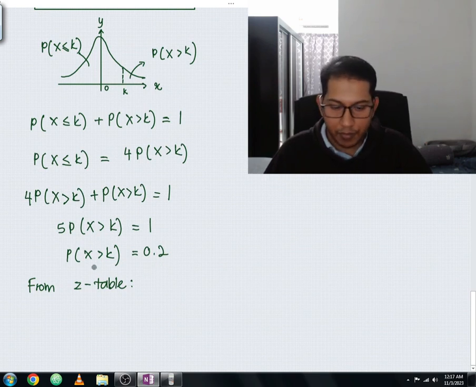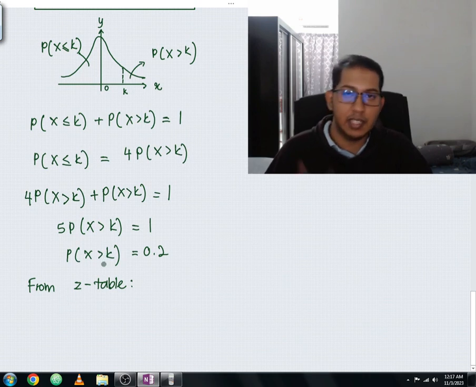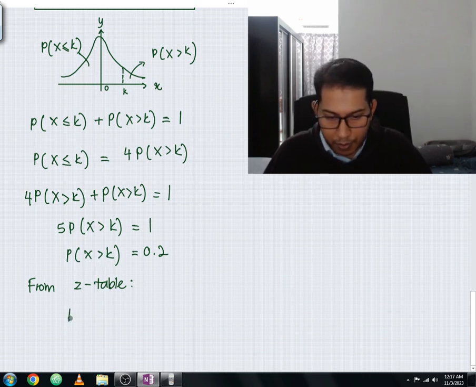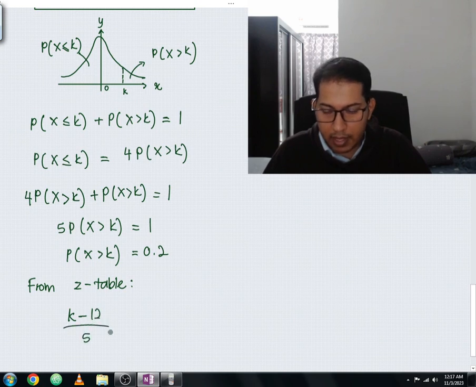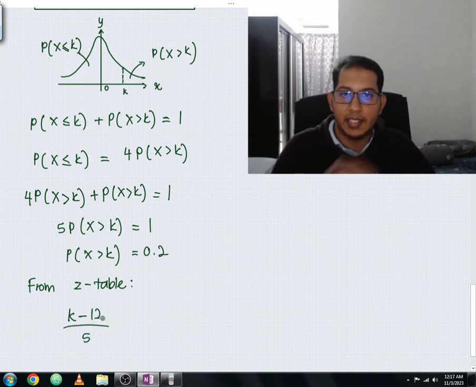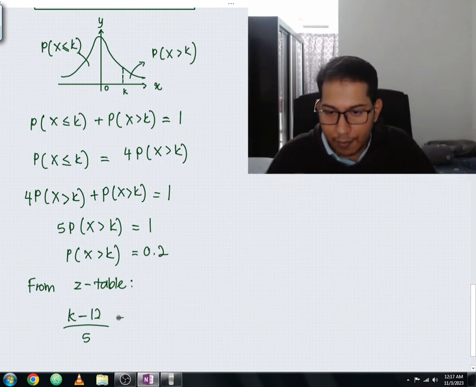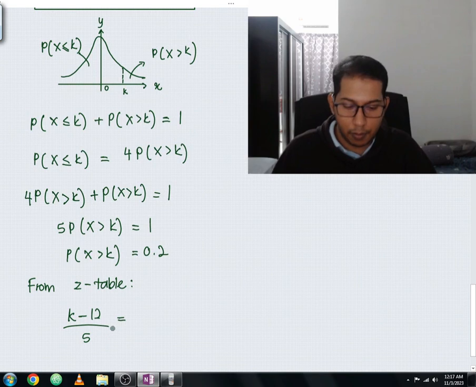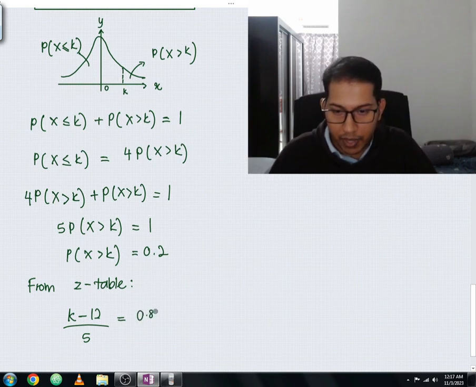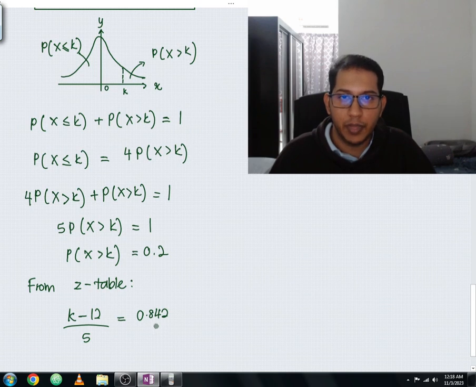From there you can find your respective x value, which in this case is the variable k. So k minus 12 divided by 5. This formula is related to x minus mu divided by sigma to get the z value, and the z value we get from the Z table in this case is 0.842. This 0.842 corresponds to the probability of 0.2.